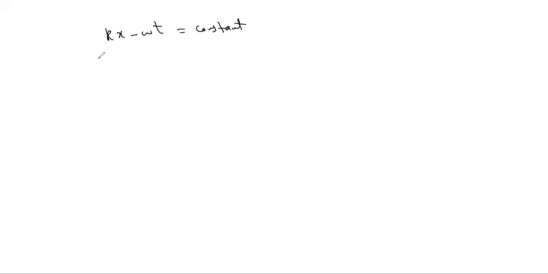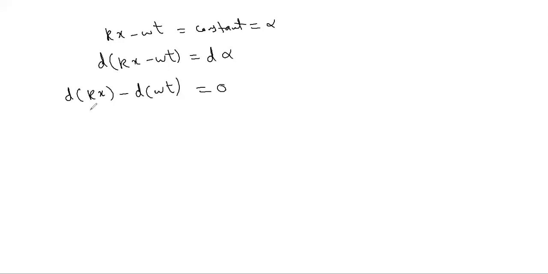So let's differentiate this. Let me call this constant alpha. Since this is a constant, its derivative is 0. I can write k d of x minus d of omega t. K is a number, so I can bring it out. Omega is a number, so I can also bring it out because these are not functions.